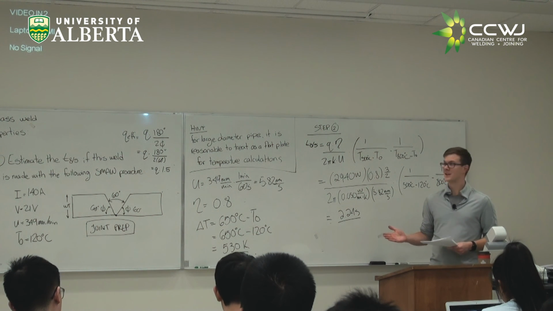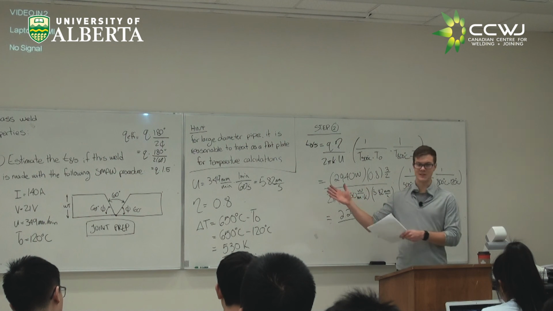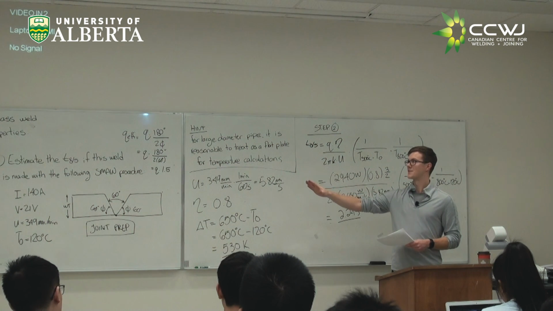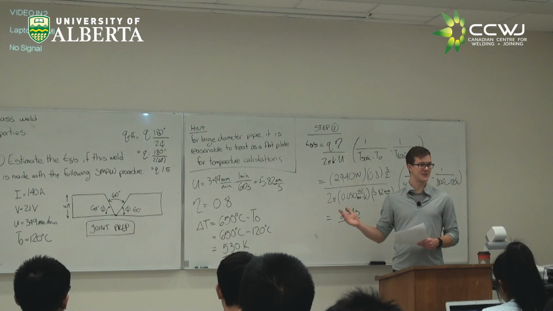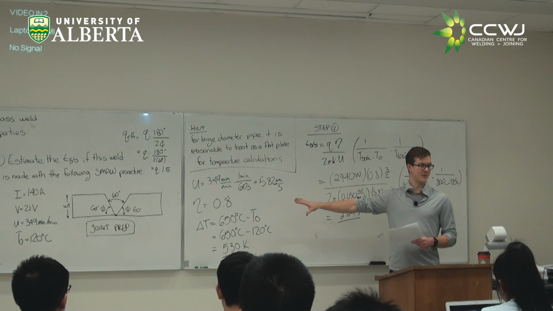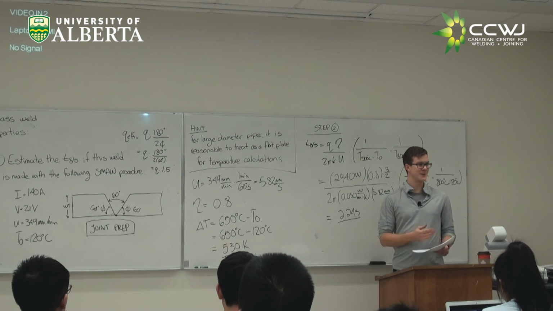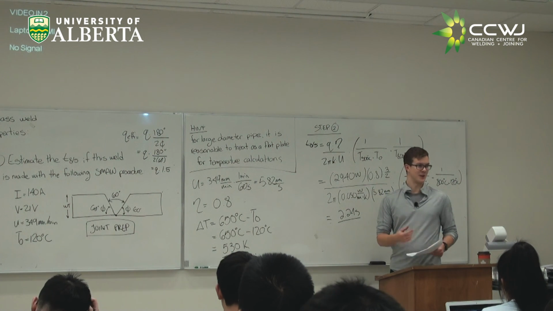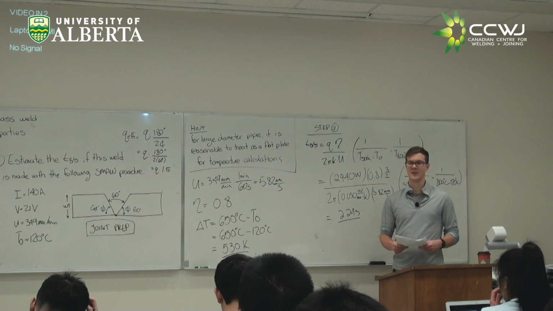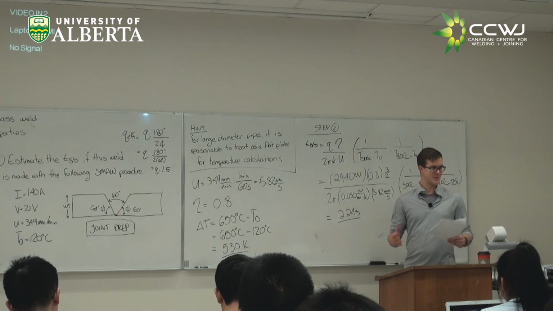But this sort of information is useful if you're just given a task: you want to weld an 11.4 millimeter wall thickness, large diameter pipe of that material, and you weren't given the parameters. If you think about all the stuff we've learned in this class now, from deposition rate to the relationship between current and wire feed speed and voltage, you start to realize you actually have enough information.